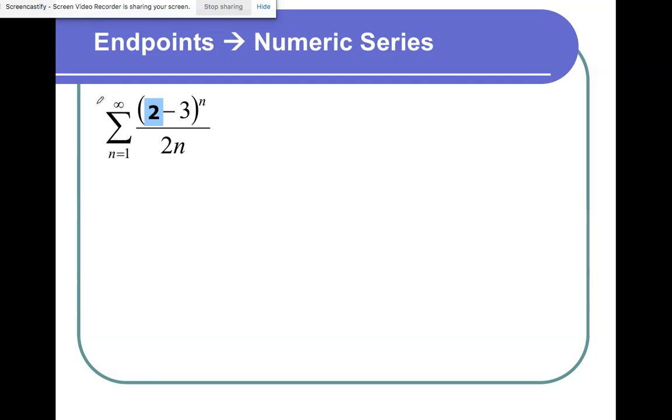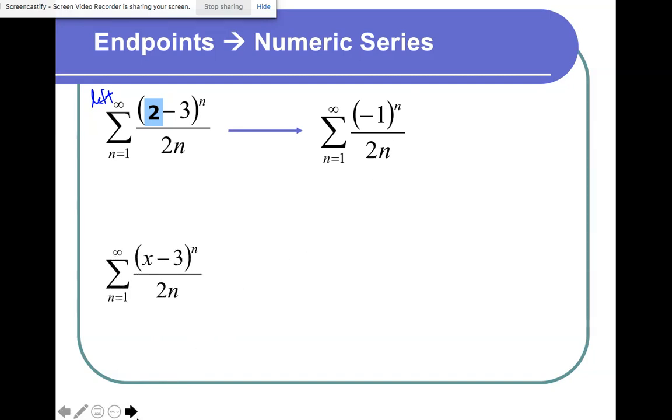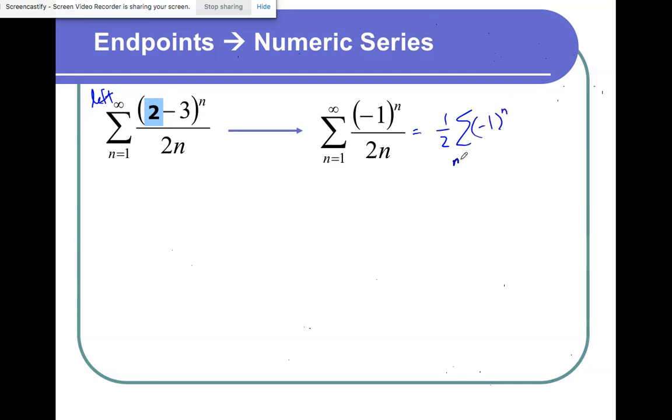That is the left foot in. I got negative 1 to the n over 2n, which is really more osmosis out that 1/2. Here's your sign alternator. And then you have 1/n.